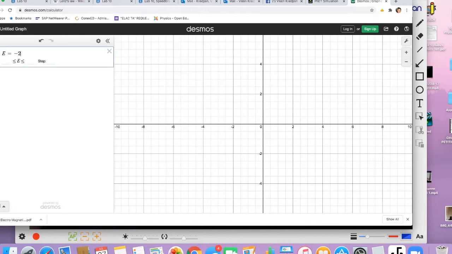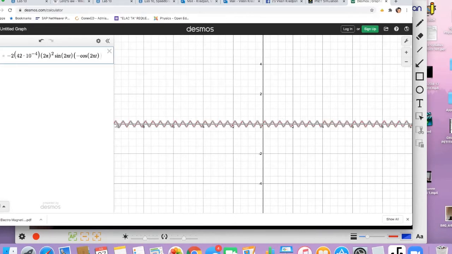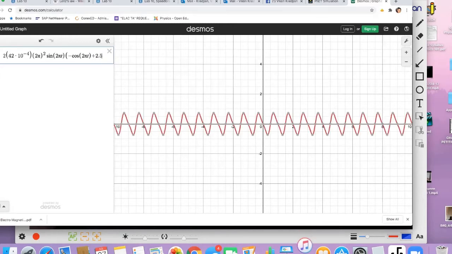negative 2 times 42 Gauss times 10 to the power negative 4 times 2 pi squared times sine of 2 pi t, negative cosine of 2 pi t plus 2.5 centimeters.